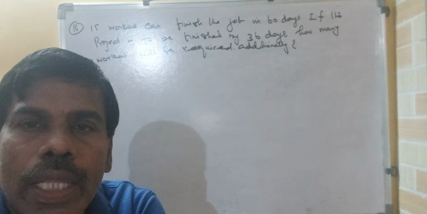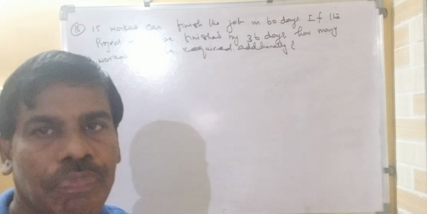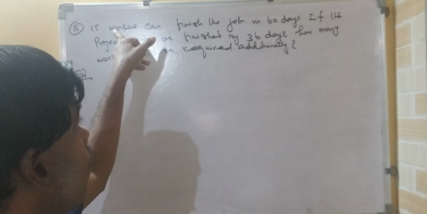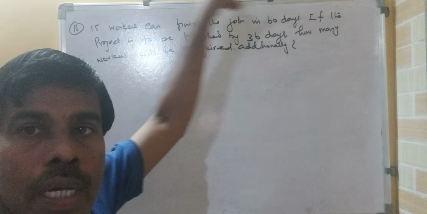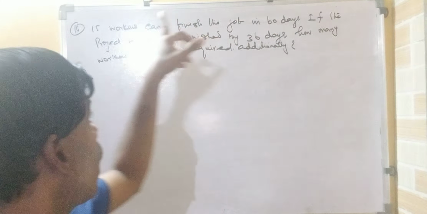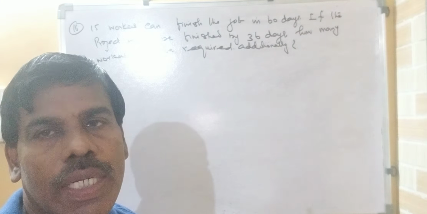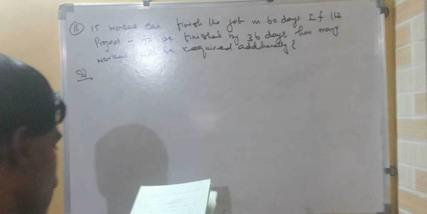So, naturally, the number of workers has to be increased. So, here what happened? If the number of workers increases, the number of days decreases. If the number of workers decreases, the number of days increases. It is an indirect variation.